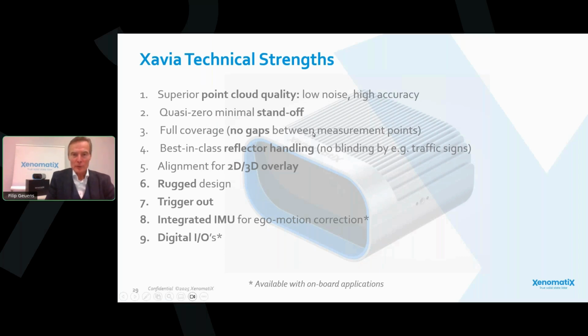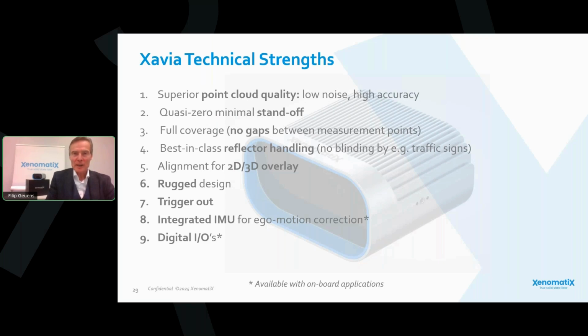Xavia floods the scene with laser light. As I mentioned already before, there are no gaps in between the points. Full coverage, and full coverage means also high detection reliability. Another key feature is best-in-class reflector handling, and that is because dealing with the reflector is a major challenge for most LiDARs.